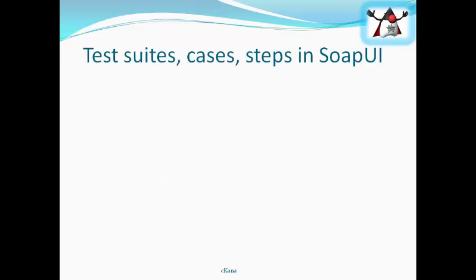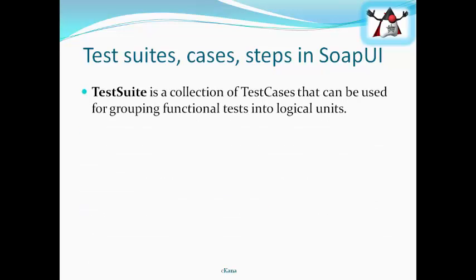Now we'll discuss test suites, cases, steps in SoapUI. We'll define them. SoapUI structures functional tests into three levels, which are test suites, test cases, and test steps. A test suite is a collection of test cases that can be used for grouping functional tests into logical units.